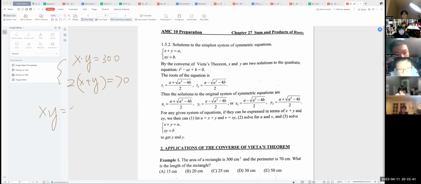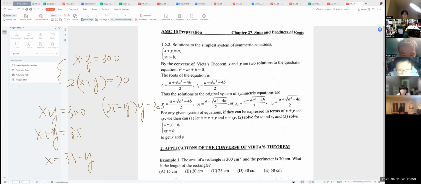So xy equals 300 and x plus y equals 35. Maybe some people tell me x equals 35 minus y, so (35 minus y) times y equals 300. Is that the normal way of doing it?